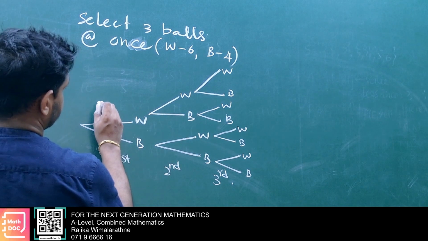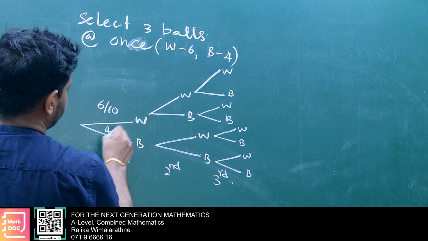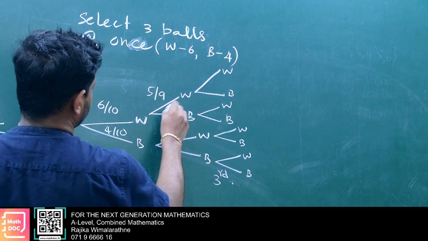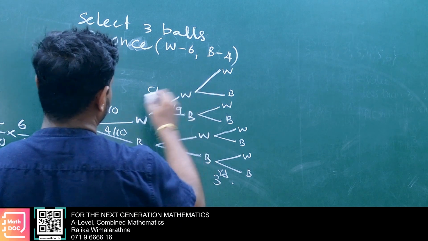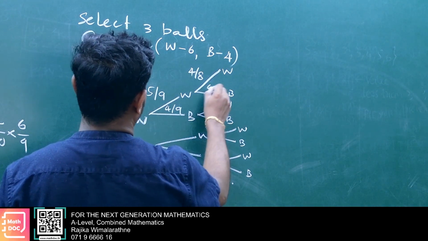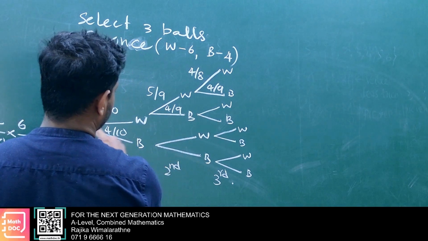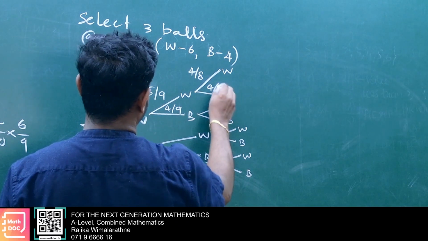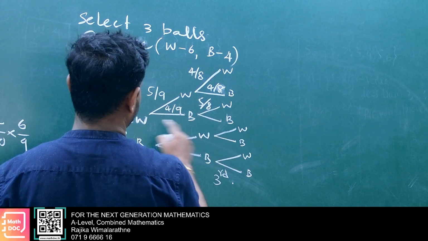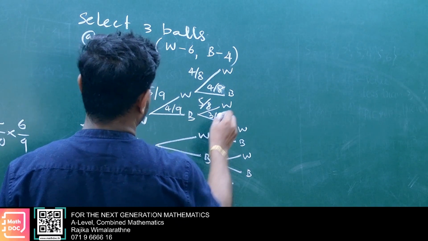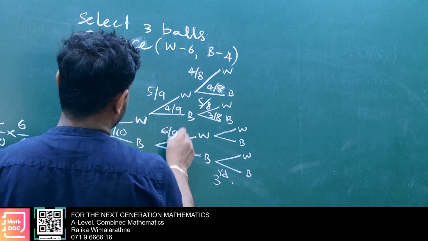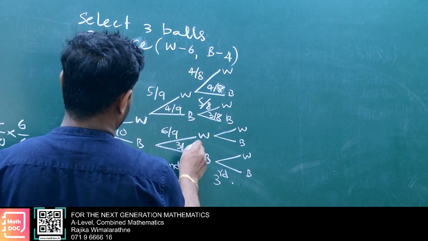Now here 6 over 10, 4 over 10, here 5 over 9, 4 over 9, here 4 over 8, 4 over 9, 4 over 8, here 5 over 8, 3 over 8.